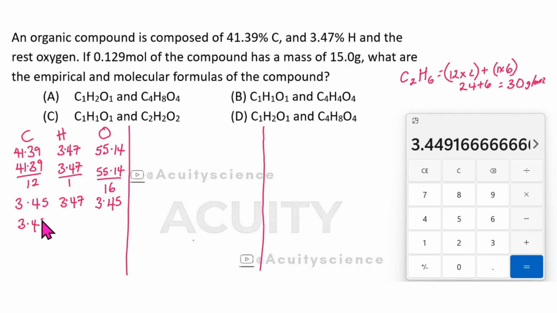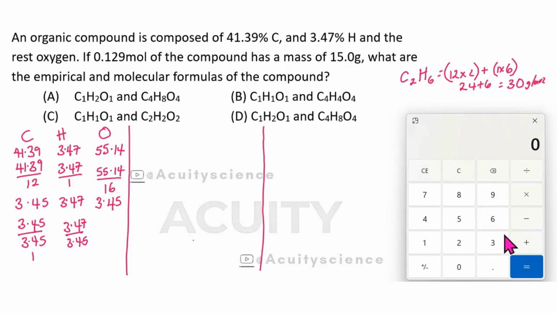So 3.45 divided by 3.45 gets 1. Then 3.47 divided by 3.45 is approximately 1.0. Then 3.45 divided by 3.45 is as well 1.